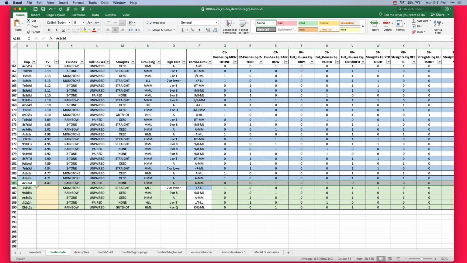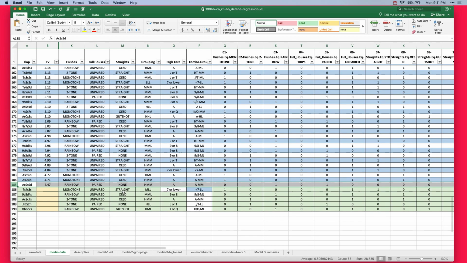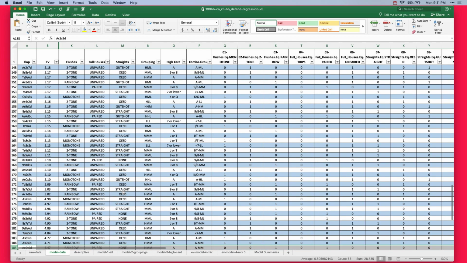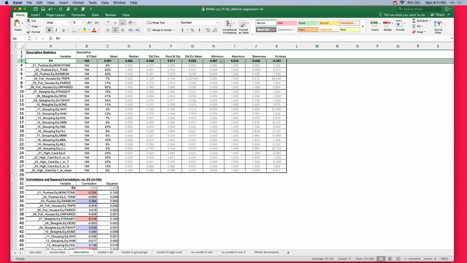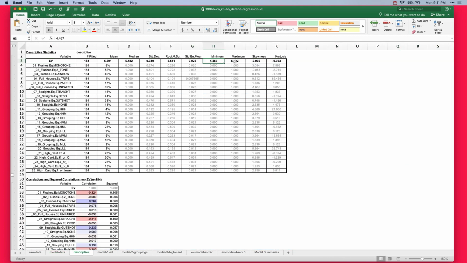It's this ace 9-9, it looks like a rainbow. Yeah, so ace 9-9 rainbow flop, and that one our EV is 4.47. So we have a very low minimum here, whereas the high is this maximum here. So our EV can vary by almost 2 big blinds in an 8.5 big blind flop.